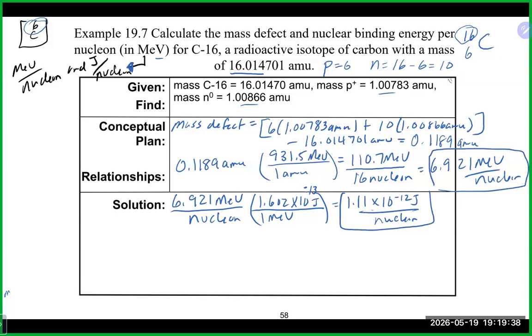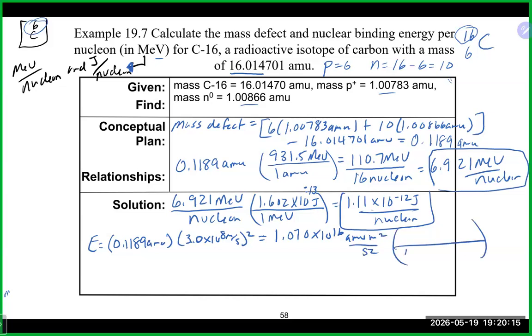Any questions on that? Again, if you took Einstein's approach, you would do something like E equals 0.1189 AMU times 3 times 10 to the 8 meters per second, squared. That'll get you 1.070 times 10 to the 16 AMU meters squared per second squared.